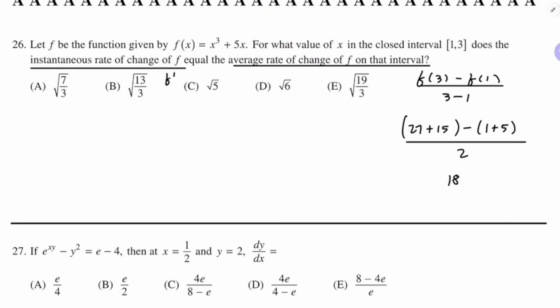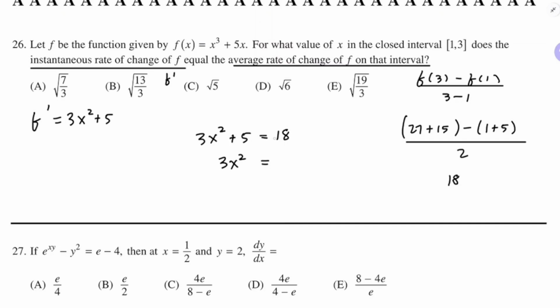f prime is going to equal 3x squared plus 5. And we want to set these two things equal. So 3x squared plus 5 equals 18. That's a unique equation. So I'm going to start solving for x. And because there's only one power of x, I can just solve directly and eventually take a square root.